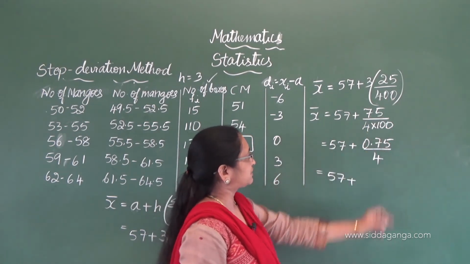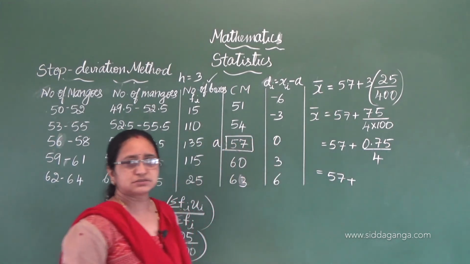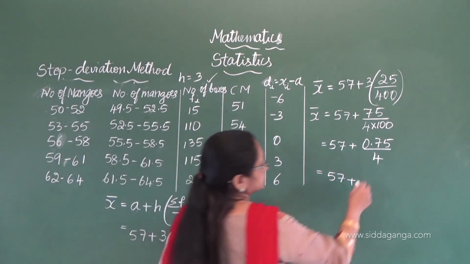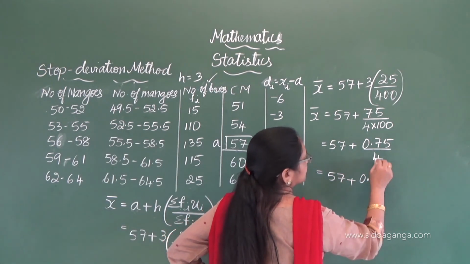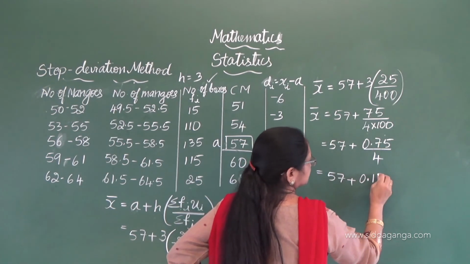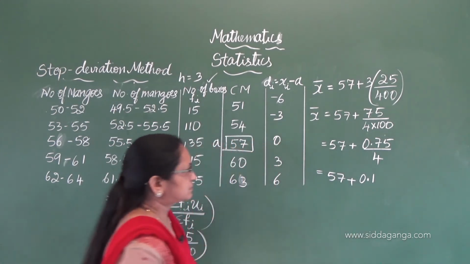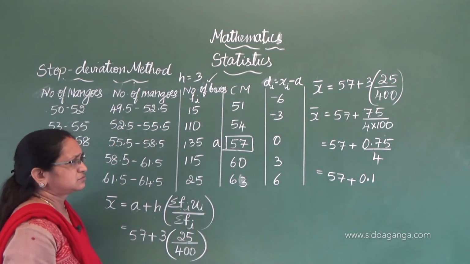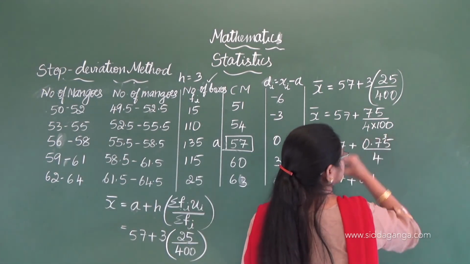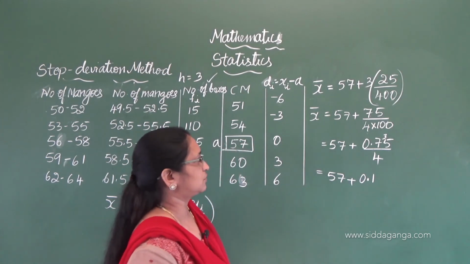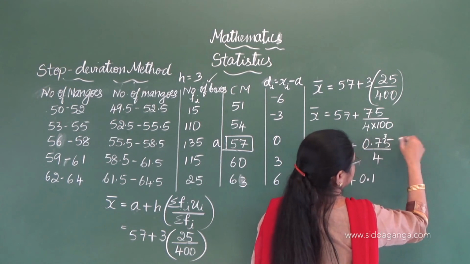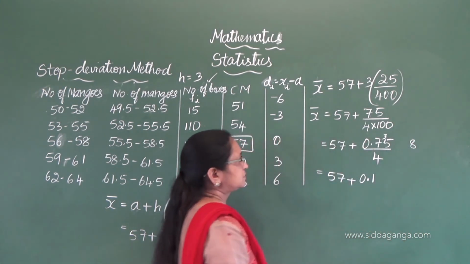Now when we divide this by 4, how much will you get? 0.19. See, 4 ones are 4, 4 sevens are 28, 4 nines are 36, 4 eights are 32, and so on.